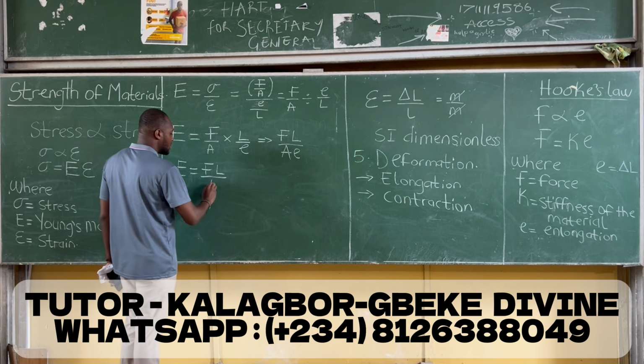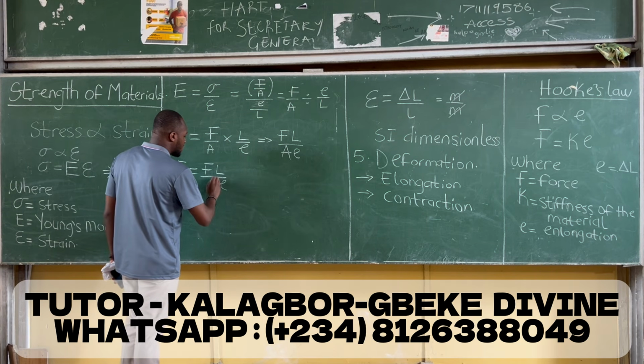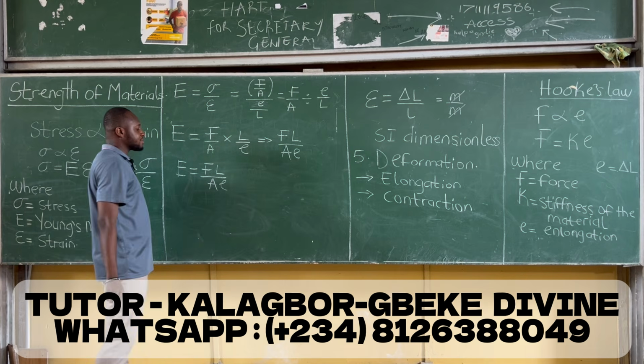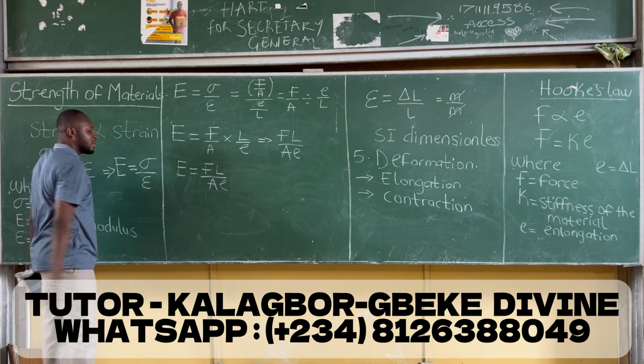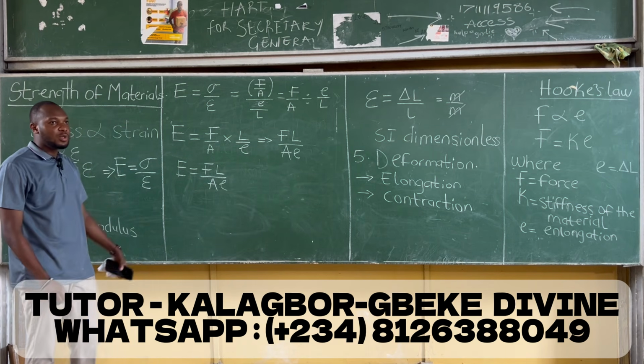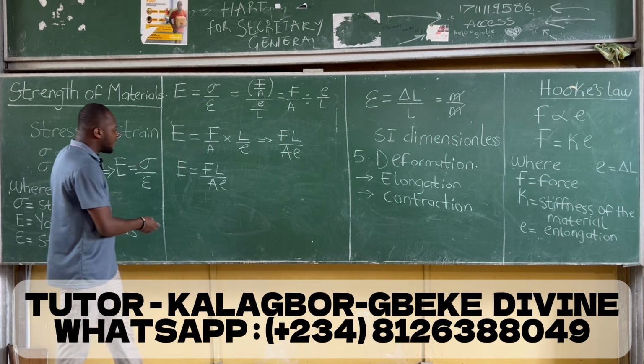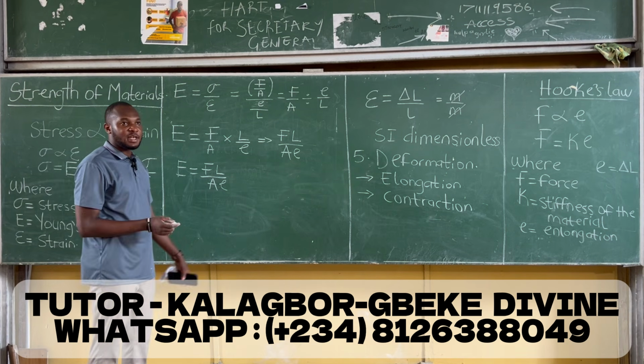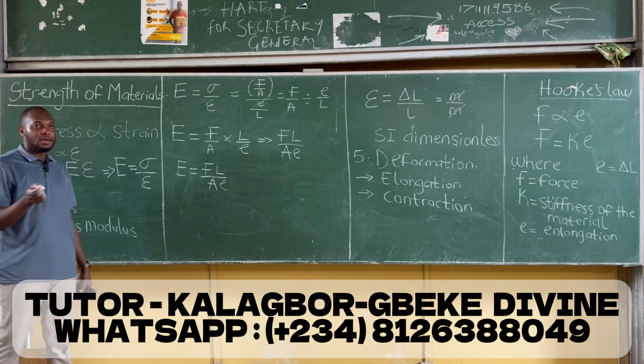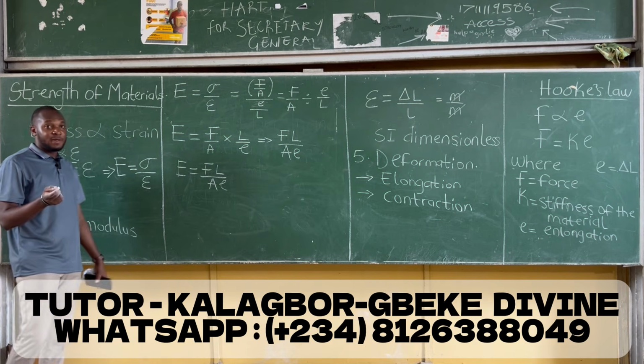Please take note. But we need to solve this example we're about to solve. Now let's make E the subject of the formula here, so we can also know what elongation is mathematically, right? If we want to make E the subject of the formula, what do we do here? Our mathematicians in the house. We cross multiply, right?